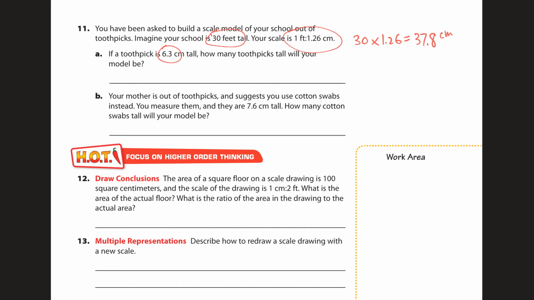That's how tall the thing is. And now each toothpick is 6.3. So we would take 37.8 divided by 6.3, and that is 6, so it'd be 6 toothpicks tall.